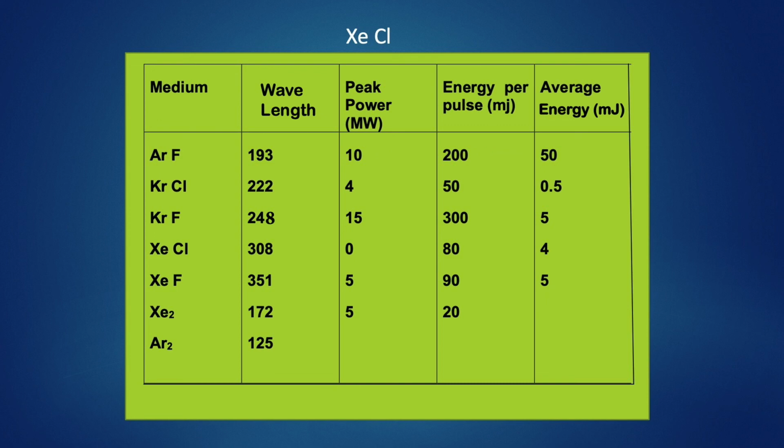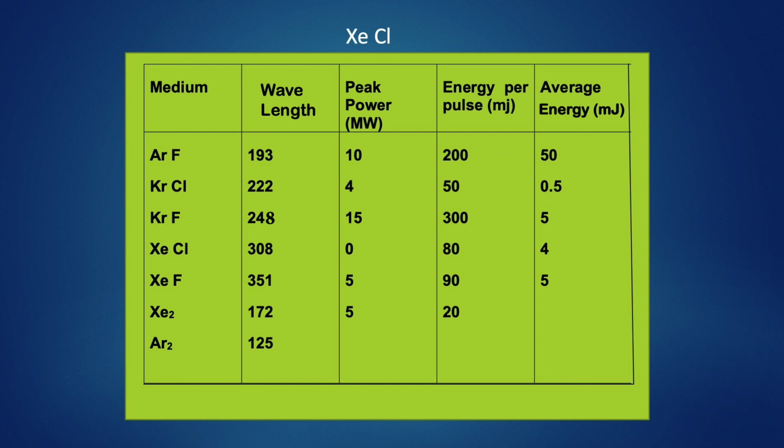All of them will be in the ultraviolet, starting from 351 nanometer using xenon fluoride to the shortest wavelength, which is about argon 2, that is 2 argon. Under high excitation, two non-reacting argon atoms combine together, forming a transient molecule in the excited state called excimer.